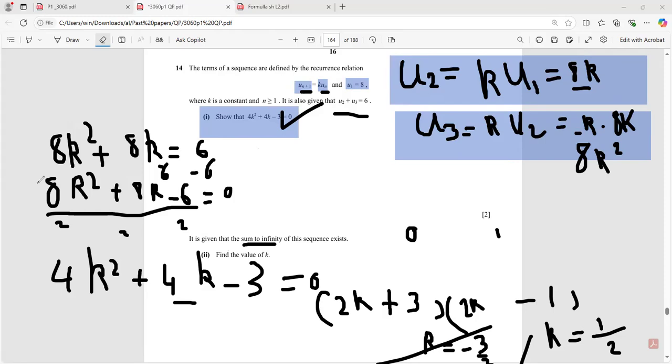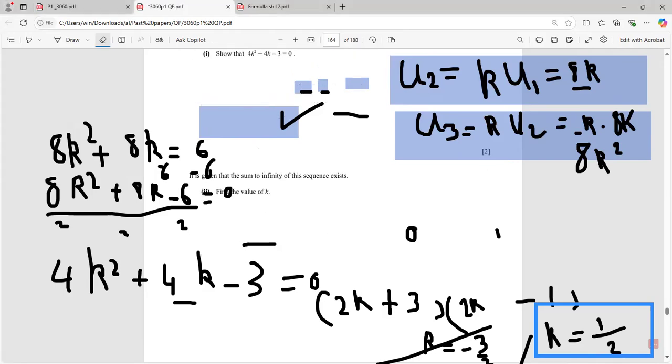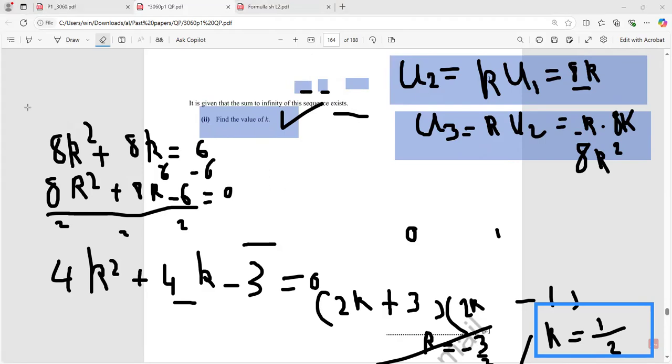So the solution for k will be this one, k equal to half as the final answer. I think we already did it. Done. Let's see the next.